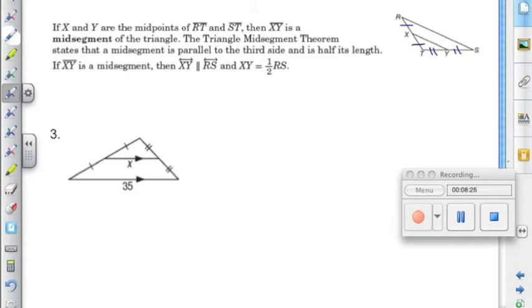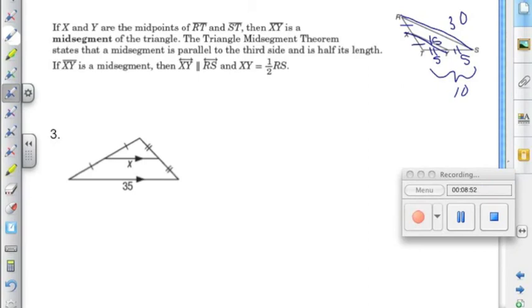The mid-segment theorem states that a mid-segment is parallel to the third side and is half of the original. So what that means, guys, is, and you know this, if this is 10, this is going to be 5 and 5. And that also exists from R to XY. So if this is 30, XY is going to be 15.